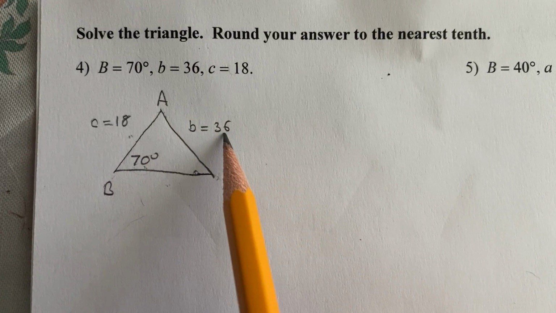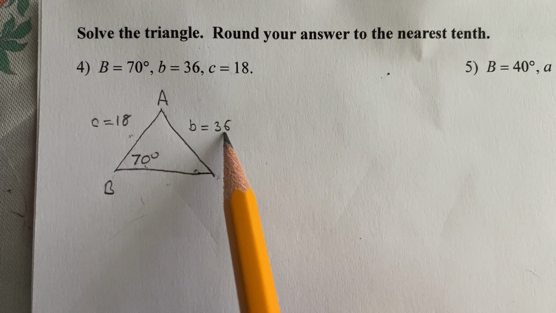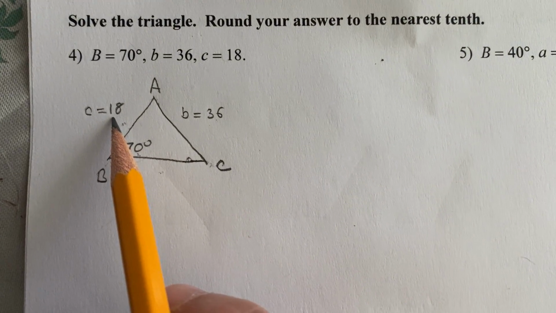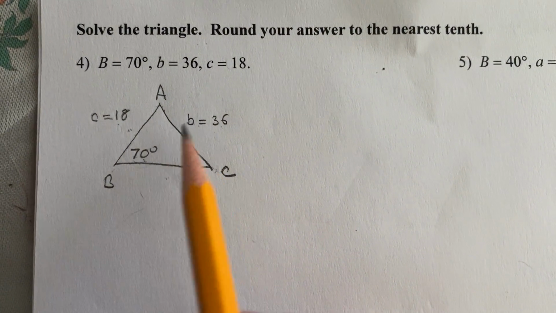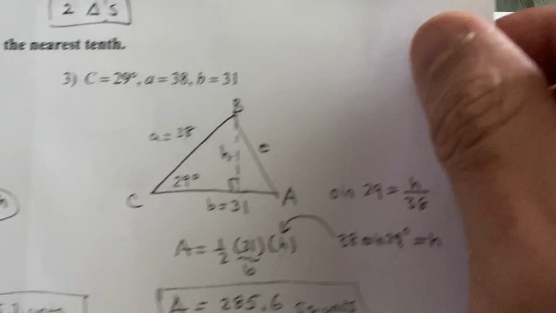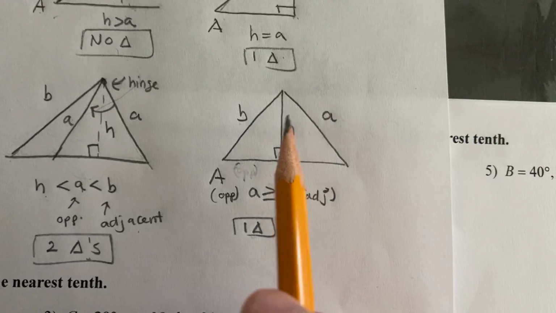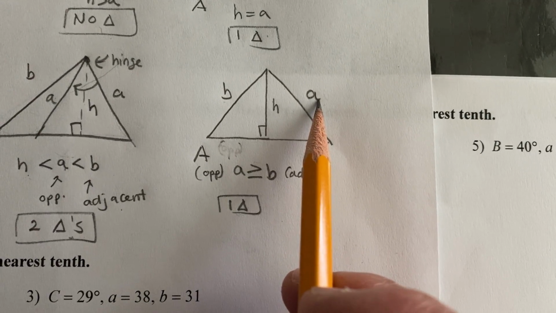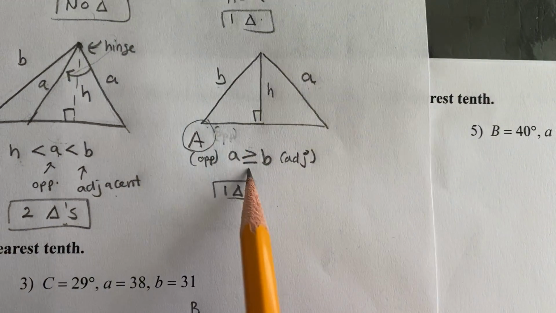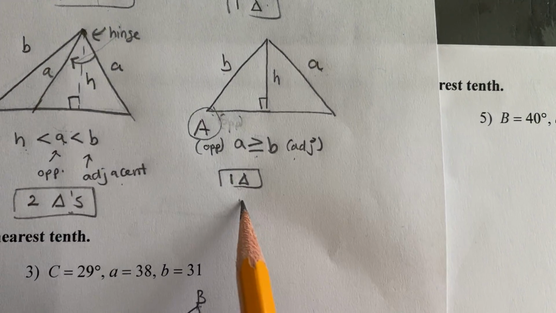If the side that's opposite the fixed angle is greater than or equal to the adjacent side, which is right over here, I know I'm going to have one triangle.